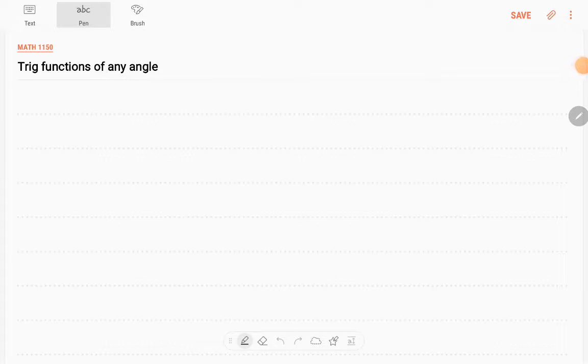We have talked about the trig functions in the right triangle, right? Just a quick review. If you have a right triangle, and this is theta, so here theta is an acute angle.